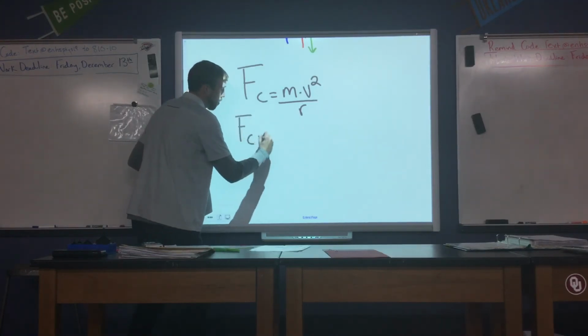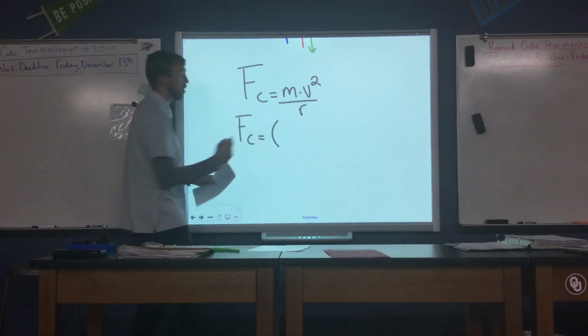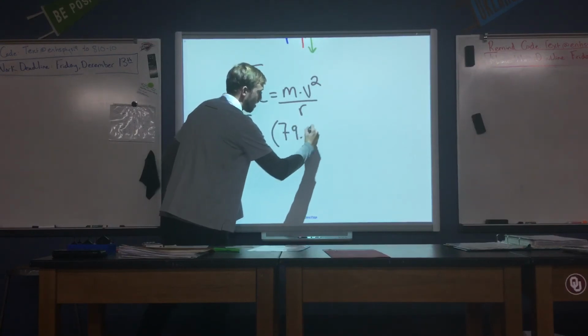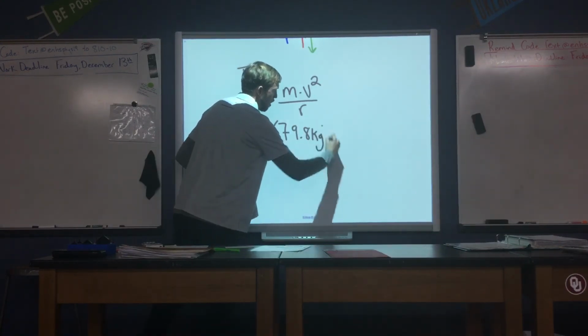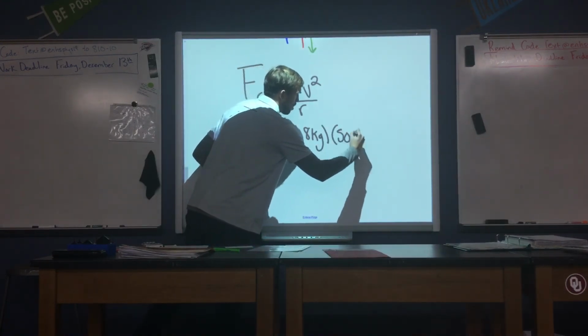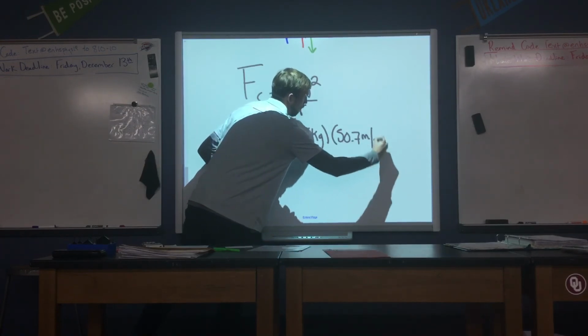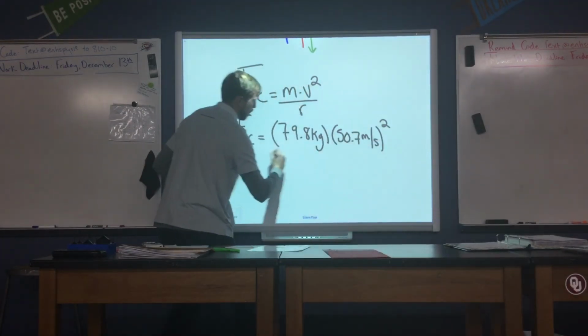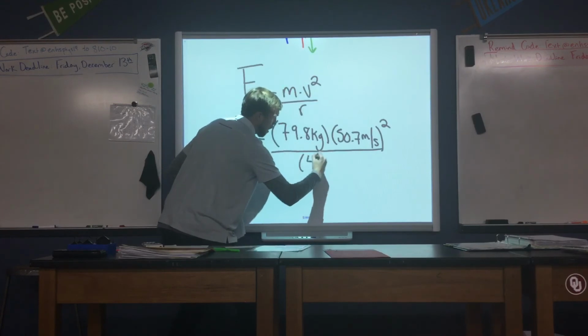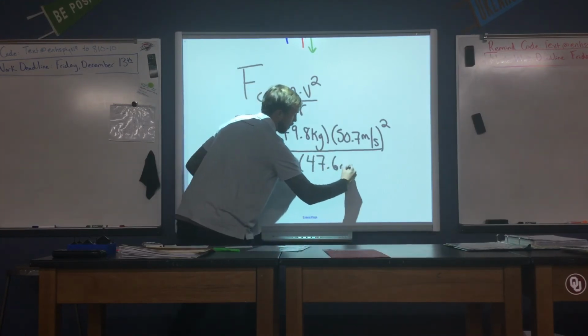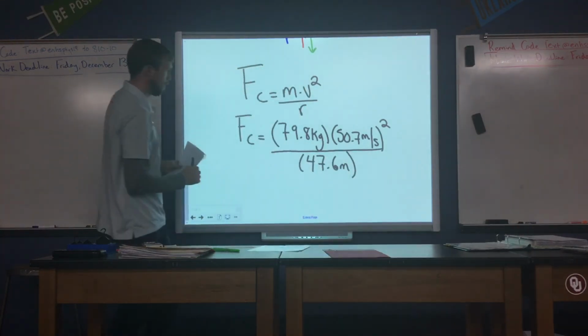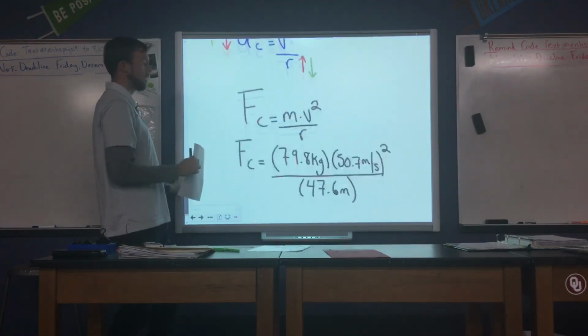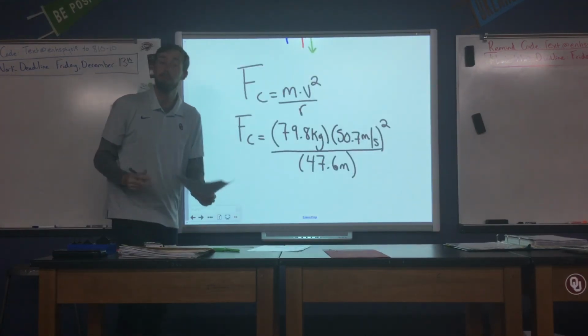So, we're going to use the numbers that we were provided with as well as what we found. The mass of the pilot, 79.8 kilograms. The velocity of the pilot, which is the same as the velocity of the plane, 50.7 meters per second, quantity squared. And now the radius that we just found, 47.6 meters.